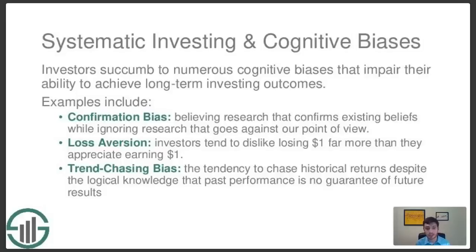Loss aversion, and this is not necessarily bad in all cases, but investors tend to dislike losing a dollar far more than they appreciate earning a dollar. And the downside of this is it can prevent you from generating the wealth and the returns that you should be.